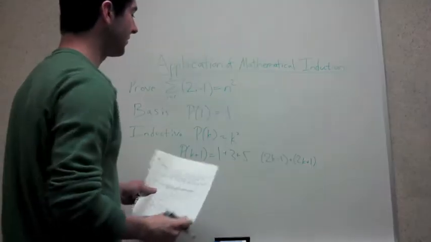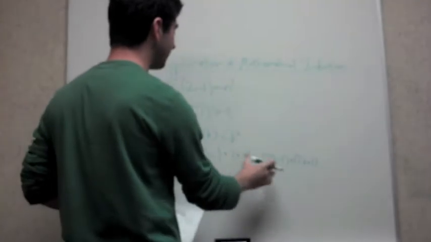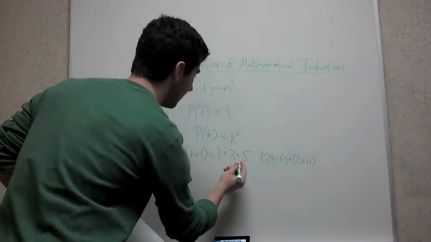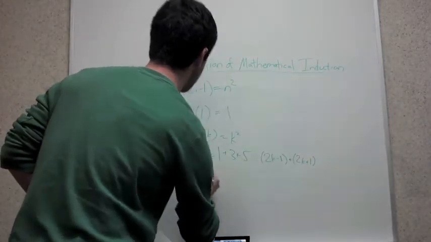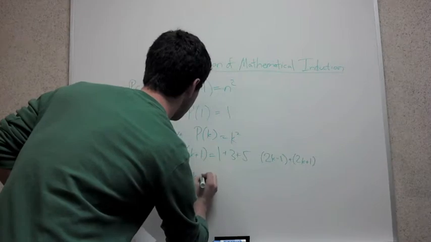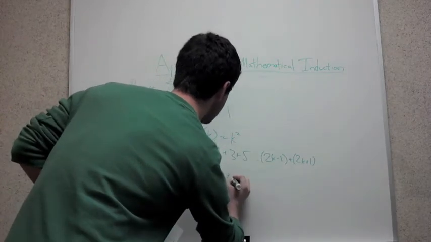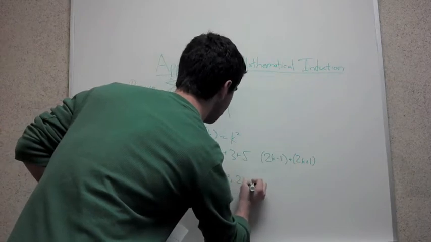Now, if we assume that the summation of all terms before it is p of k, and we proved that p of k is k squared, we can just use that sum plus our last term to get p of k plus 1. So it's equal to k squared from here, plus our last term, 2k plus 1.